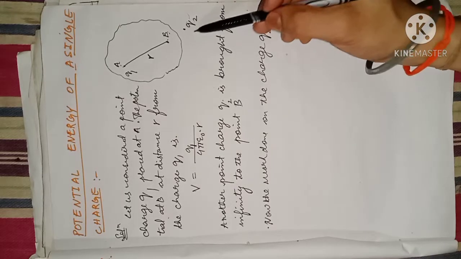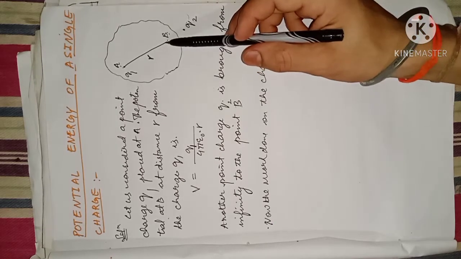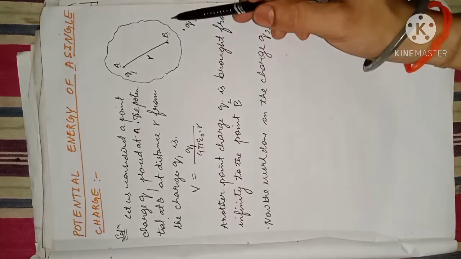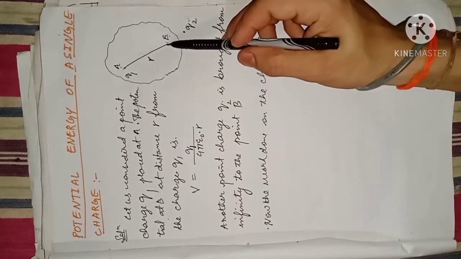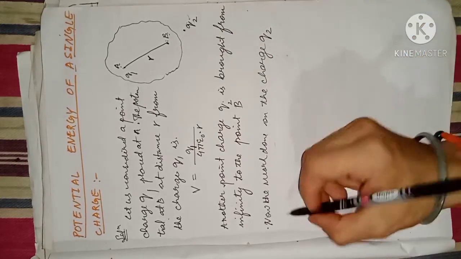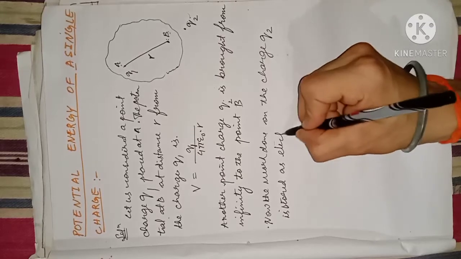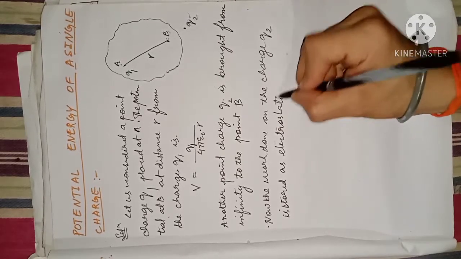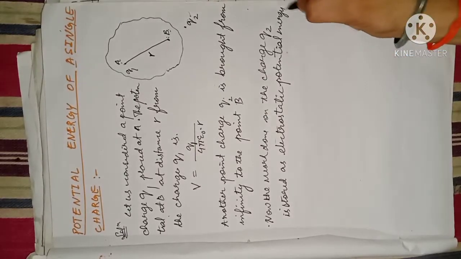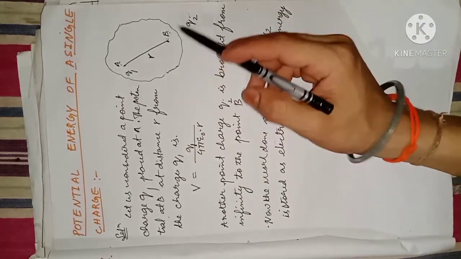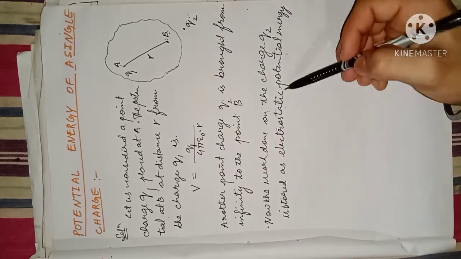Since this charge is brought from infinity, there is some work done, some energy associated with it, in bringing the charge q2 from infinity to the point B. So now the work done on the charge q2 is stored as electrostatic potential energy, that means at rest.